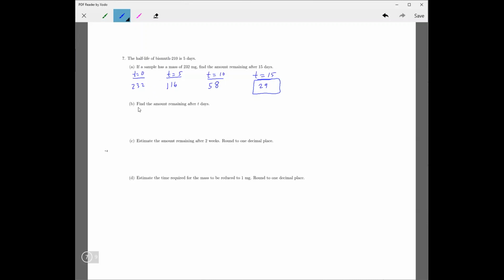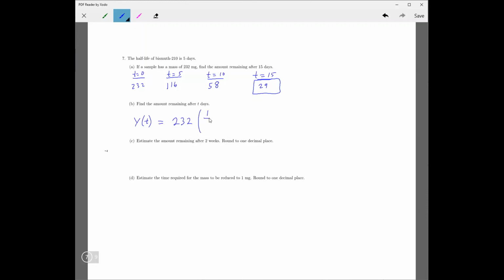Okay, so part B, they want you to come up with a general formula for how this works. And you can use exponential functions to do that. I will just show you how you can do this. So 232, that's your initial amount, right?